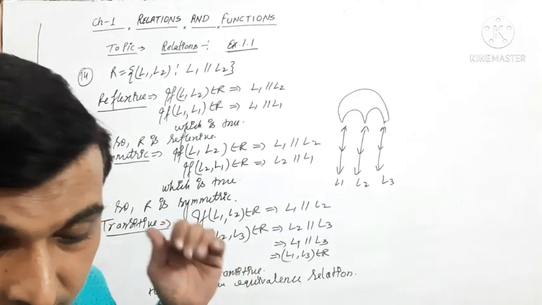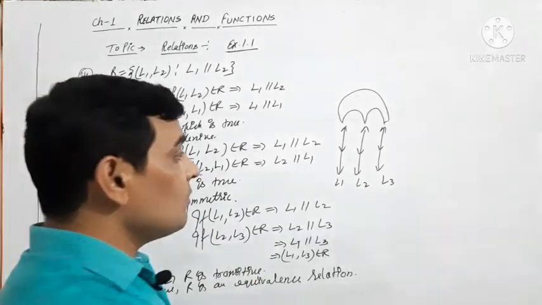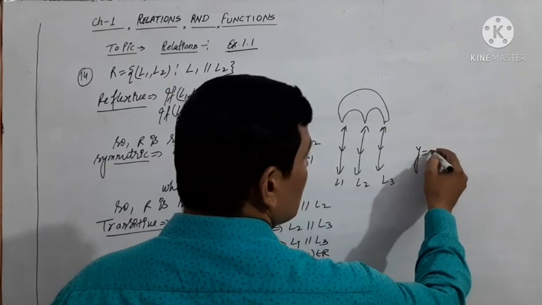Find the set of all elements which are related to line y equals 2x plus 4.